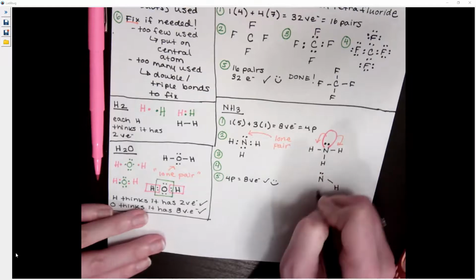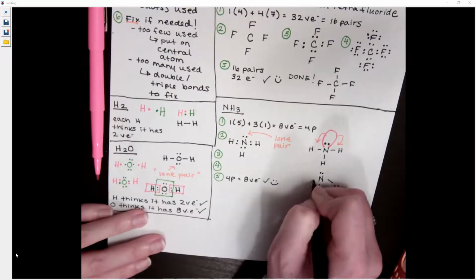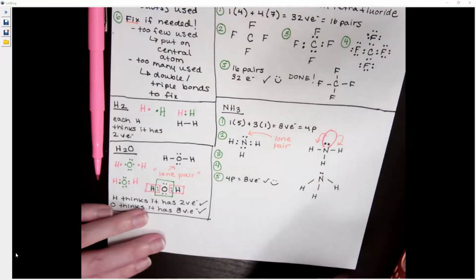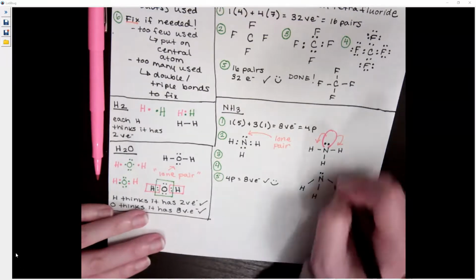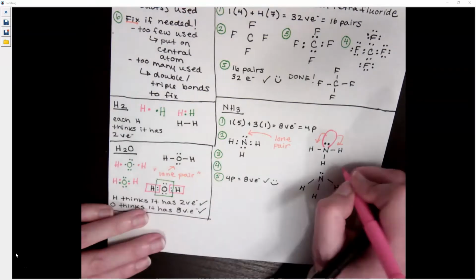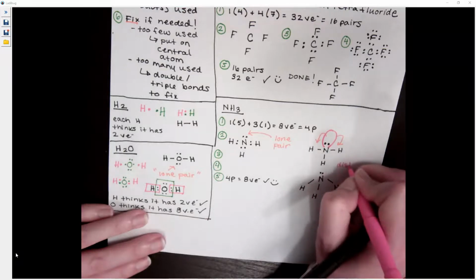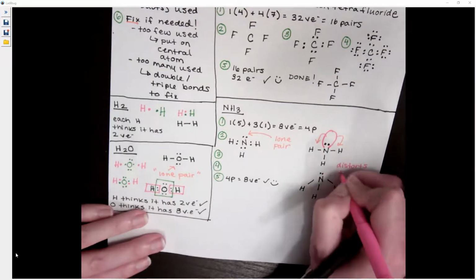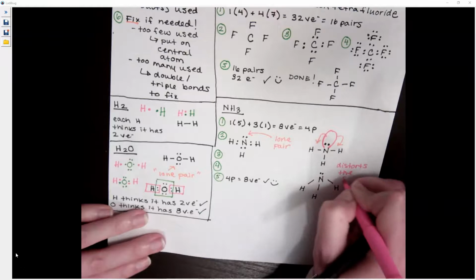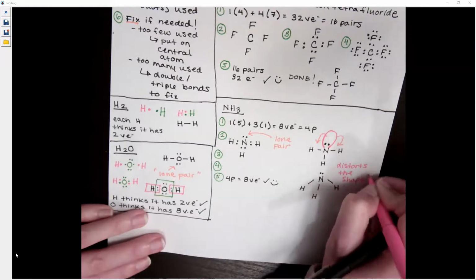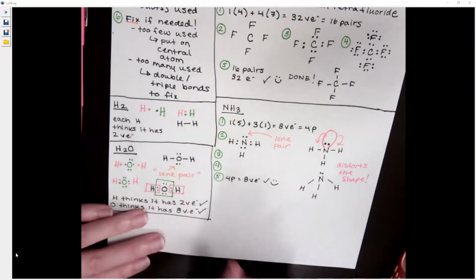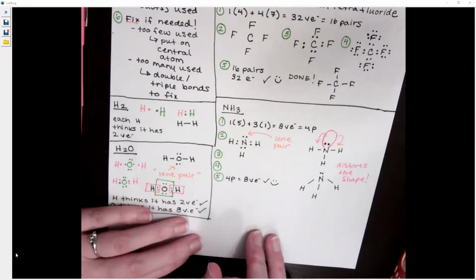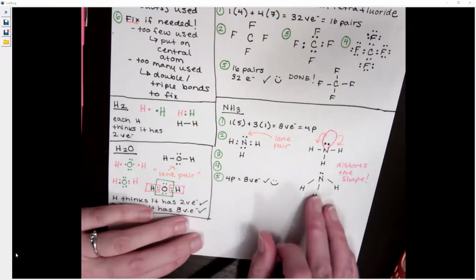The hydrogens end up pushed down. It distorts the shape. So that's something we'll see over and over when we start learning the three-dimensional structure of these.